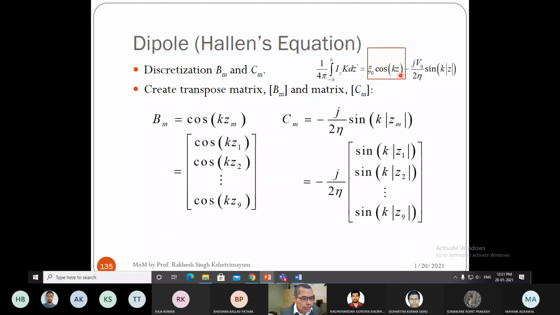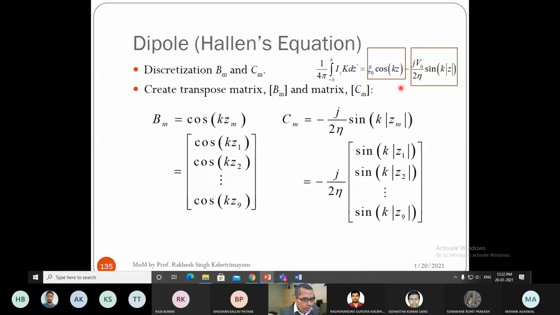So we denote it by Bm equal to cosine of Kzm, and m can have values 1 to 9, so cos of Kz1, Kz2, and so on. This term will have this, and this term will also have Cm here. You assume that B naught is 1, then it will become minus j by eta sine of modulus of Kzm. Zm can be Z1, Z2, Z3 up to Z9.